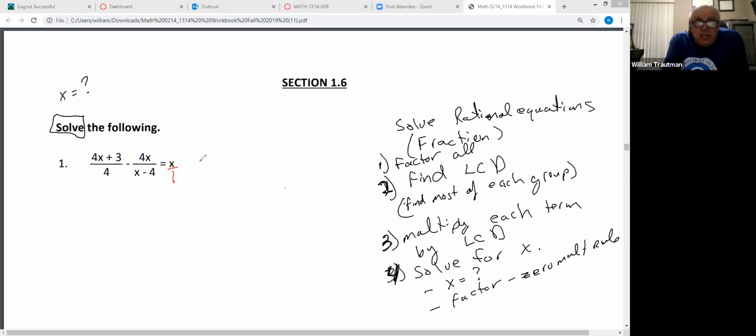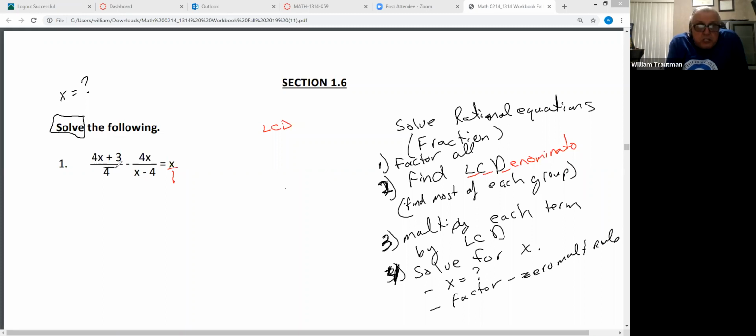So step 2 is find the LCD. And we need one of each item, the most of each item. On the bottom, find the LCD. LCD is least common denominator. The bottom of the fraction.